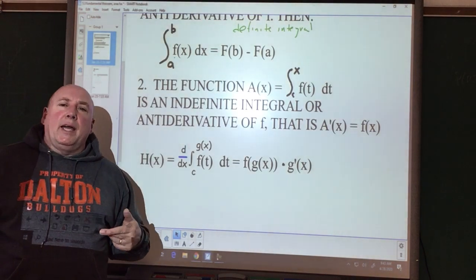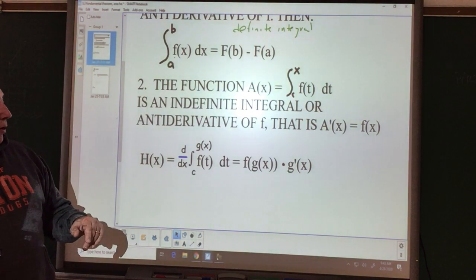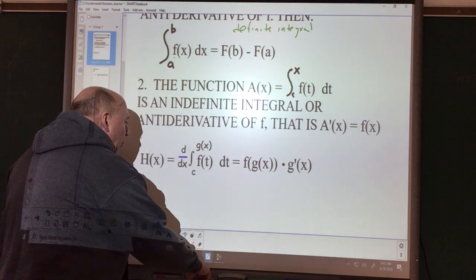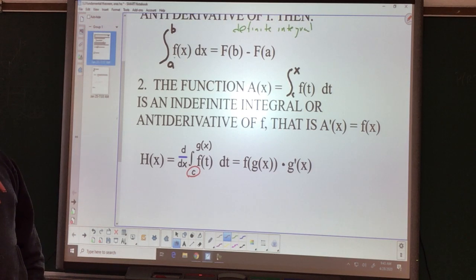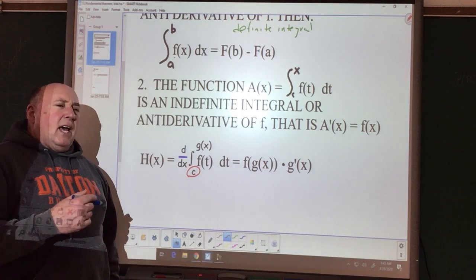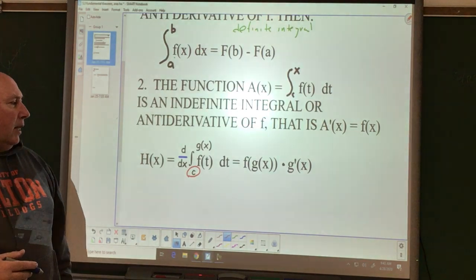So we're applying our chain rule here. Now, the one thing that we had to make sure of is this is a constant. This has to be a constant, because if not a constant, then we have to deal with another derivative in there. We're not going to be dealing with that.